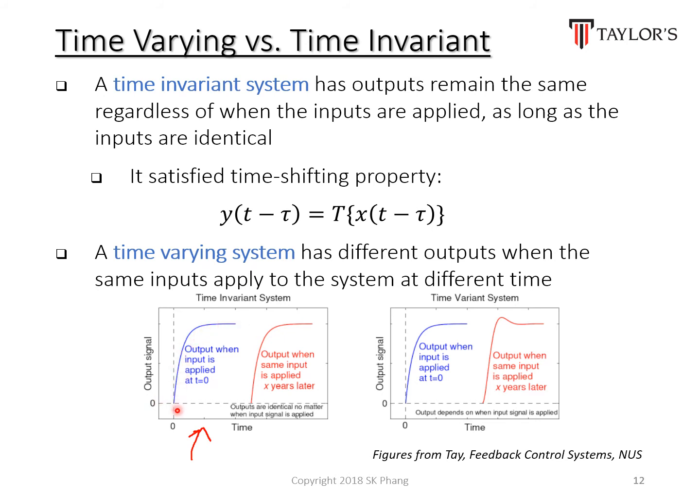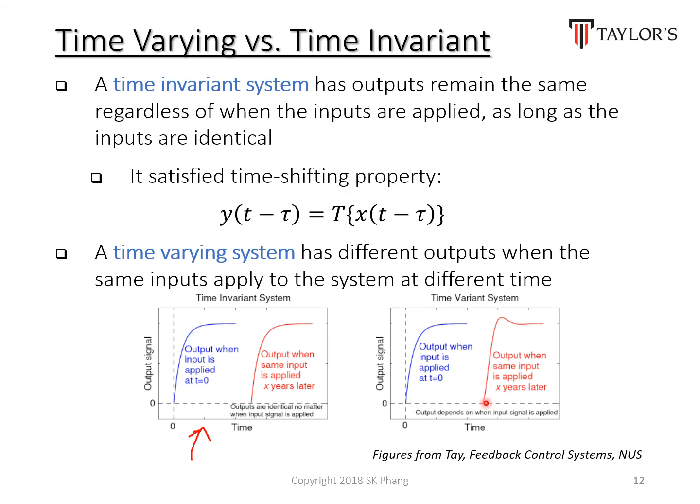So this is a very good system for us to analyze, because you can analyze the system at the current time and apply it at a future time. But there are some systems that are time varying, for example, the system on the right here. It means that at the current time, let's say at time t equals 0, you apply a certain input and it behaves like the blue curve here.